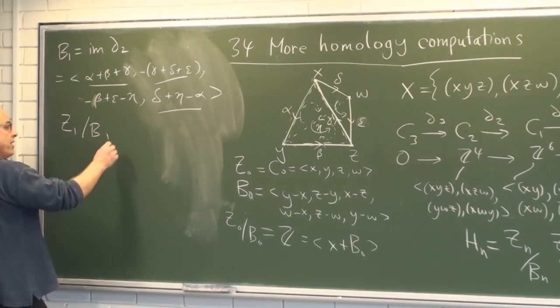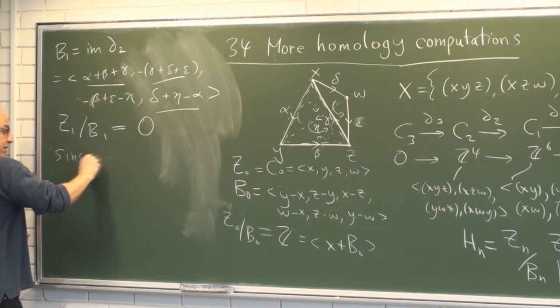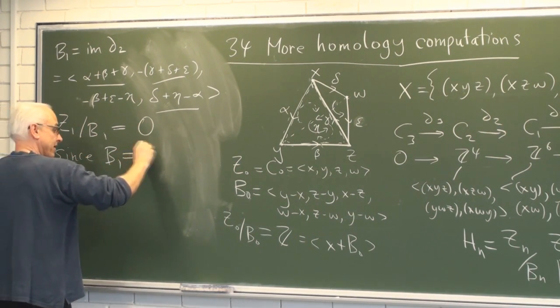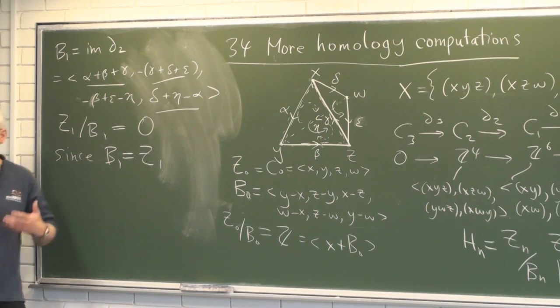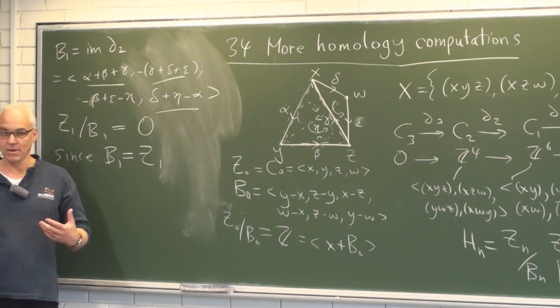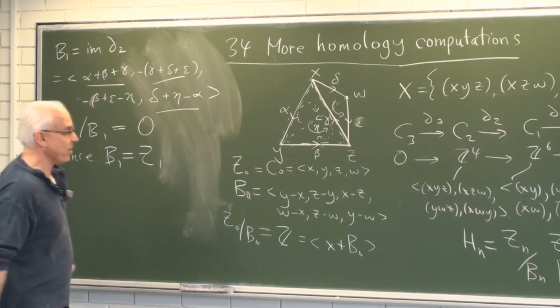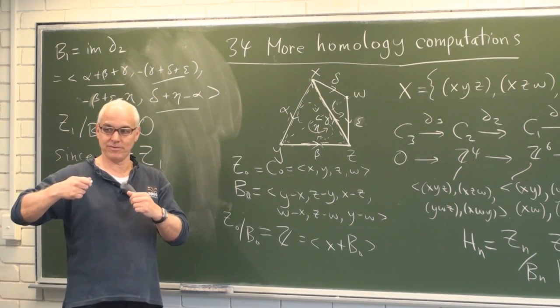So we've just concluded that this is the zero group, since the boundaries equal the cycles. So the quotient is just the identity group with a single element. So there's no first homology in the sphere, which is perfectly reasonable because the sphere doesn't have any one-dimensional holes.